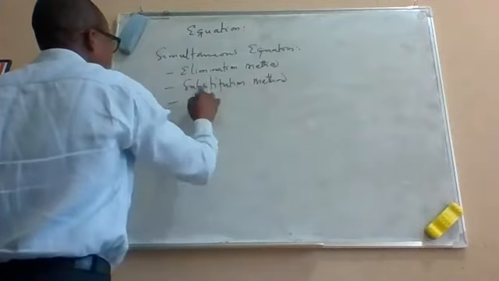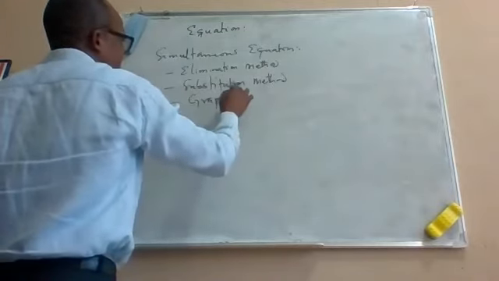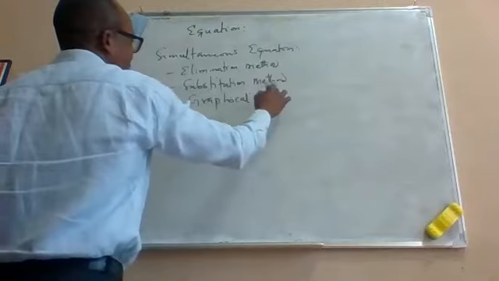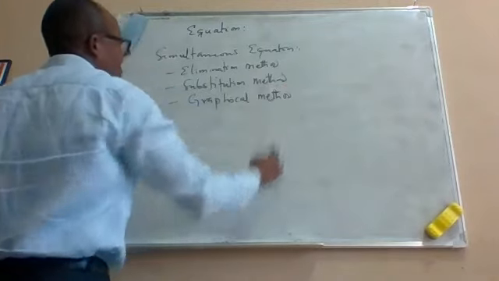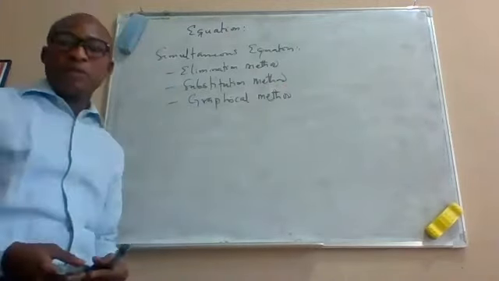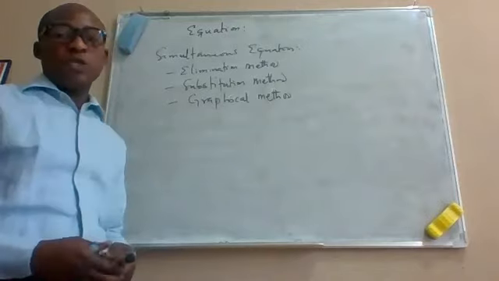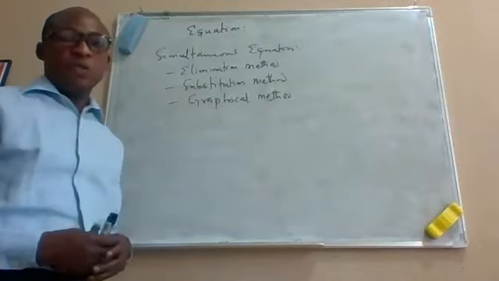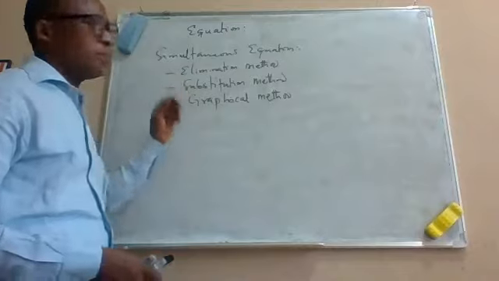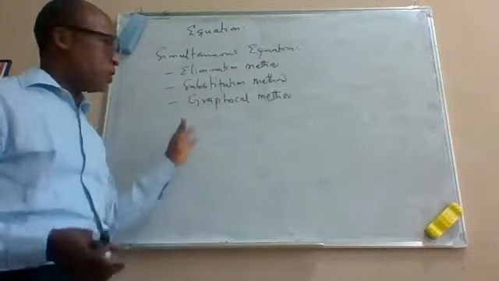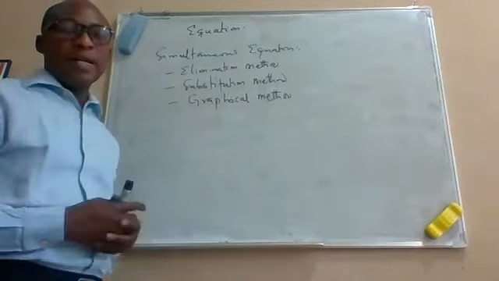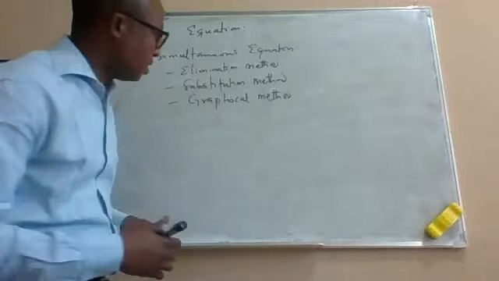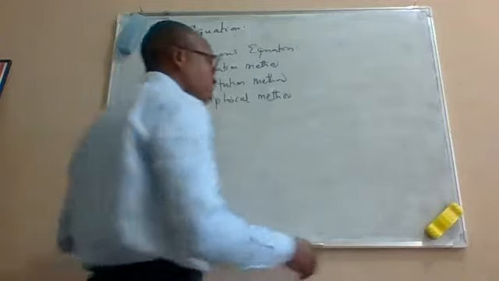And we have the graphical method. Either of these 3 will solve it. For this class, I will just limit myself to the first 2 because the third one requires graphs, and we don't have graph sheets. So let's go by the first 2.